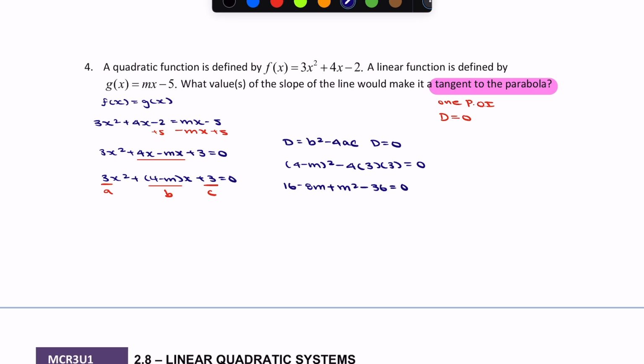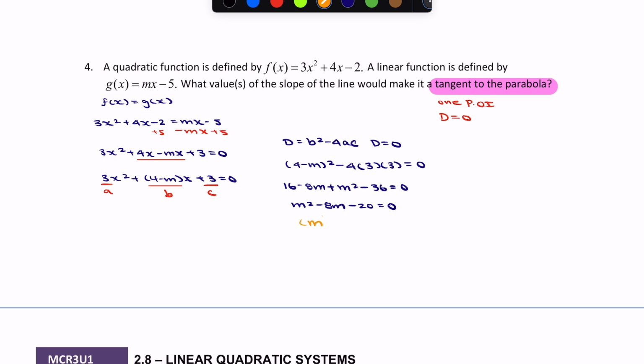We'll collect our 16 and negative 36 in terms of like terms. We'll rewrite this as m squared minus 8m minus 20 is equal to 0. Here we'll get our two answers.